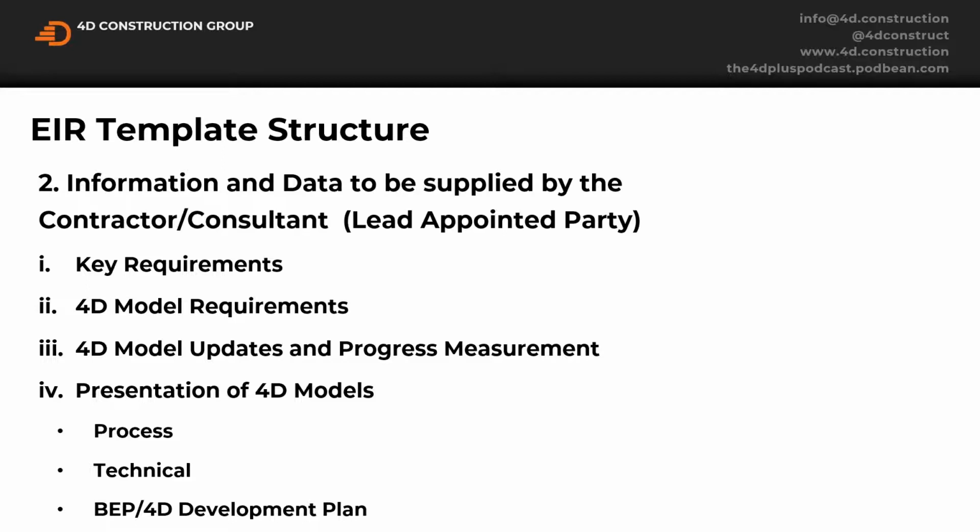It goes into the technical again, so around the software, but also into the hardware. Now, I've produced 4D models, and I can tell you it's a lot easier if you've got 2 screens. Now, not everybody's given that luxury, but if you want to take 4D modeling properly, what hardware are you giving the team to do that? What software, what licenses are you making available to the project team? And who gets that? And what infrastructure do you have on site to communicate this?